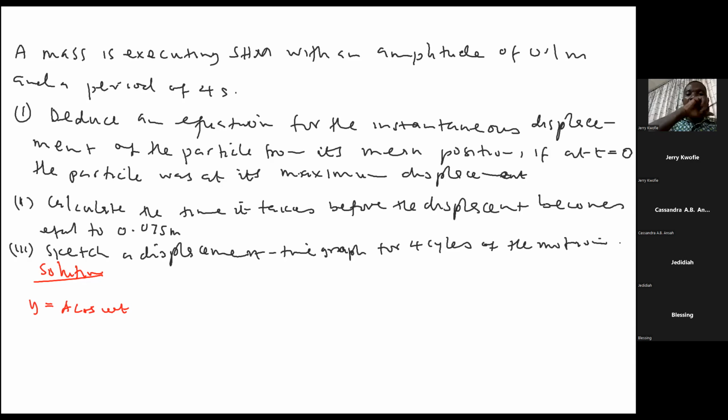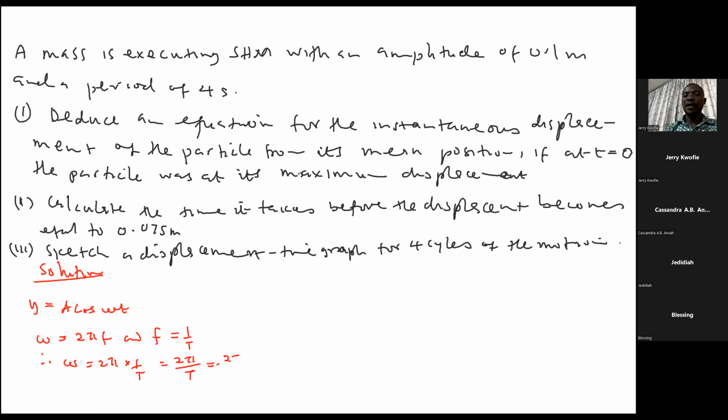We know that omega is 2 pi f, and f is 1 over T. So it means that omega is 2 pi times 1 over T, which is 2 pi over T. The value of pi we already know.